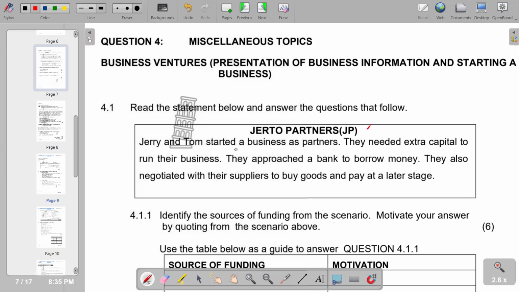So according to the scenario, if you come in on this sentence, it reads that they approach a bank to borrow money, which represents a bank loan. So we have a bank loan on that part. Then if you go to the next sentence, they also negotiated with their suppliers to buy goods and pay at a later stage, which represents a trade credit.